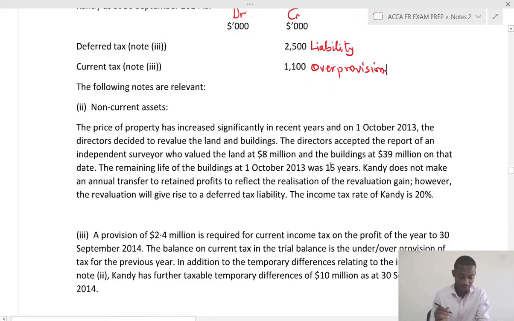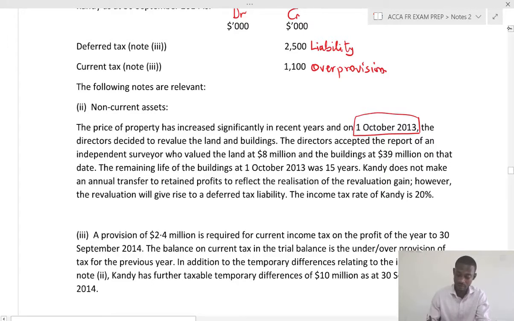The price of property has increased significantly in recent years, and on 1st October 2013, the directors decided to revalue the land and buildings.